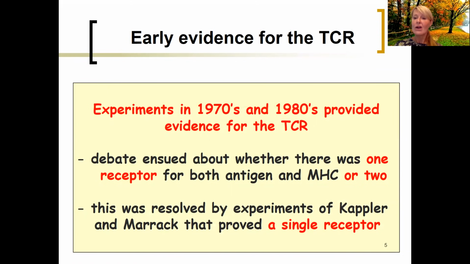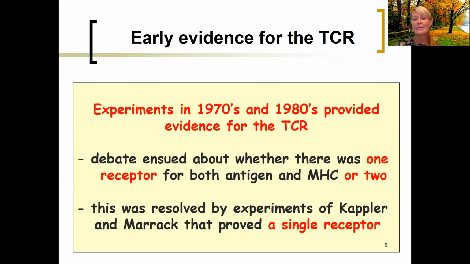But the TcR is not secreted. And so it was a little bit more difficult to take a look at it and figure out what the structure is. But there were some experiments in the 1970s and 1980s that provided evidence that there was such a structure.